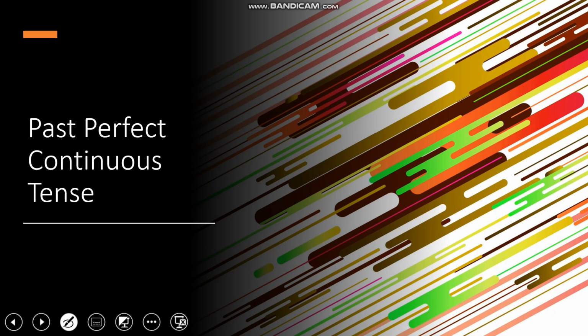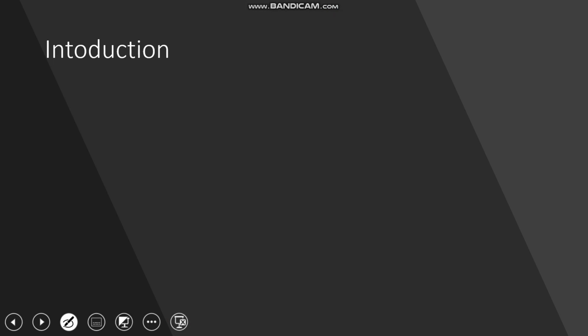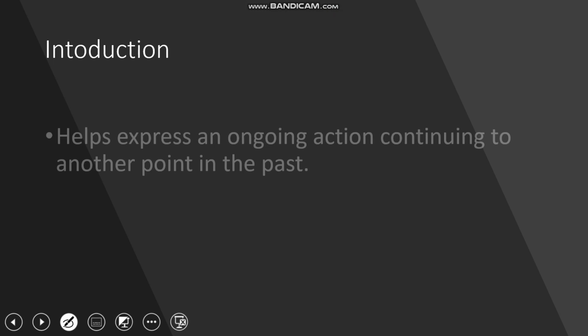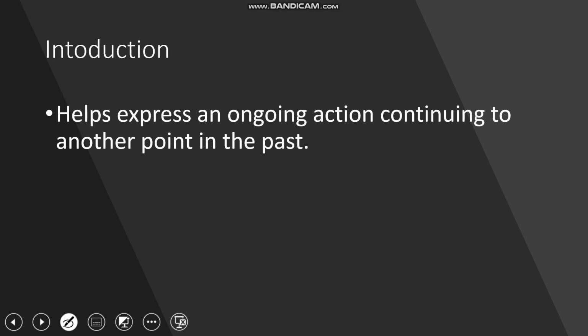Now let's move on to past perfect continuous tense. Let us see what is past perfect continuous tense. Past perfect continuous tense is used to indicate an action that occurred before a certain point in the past.